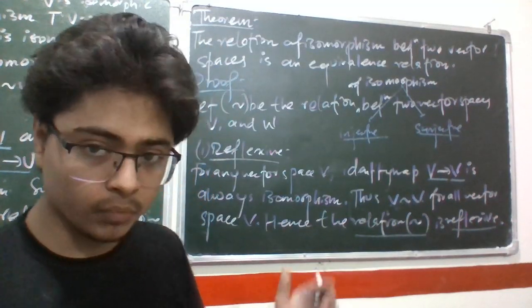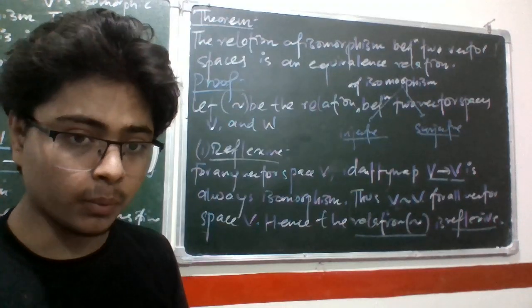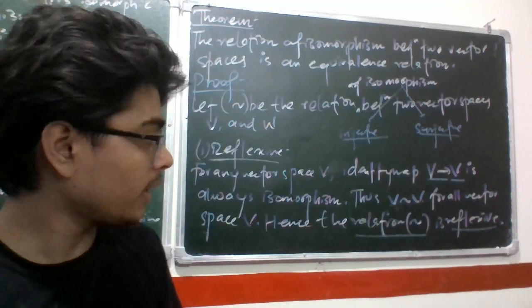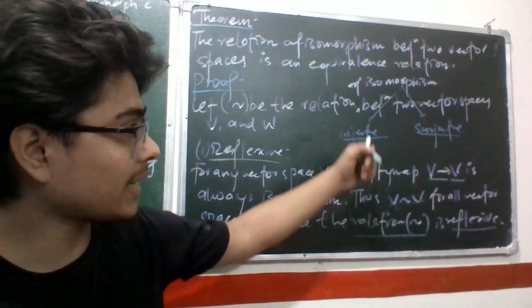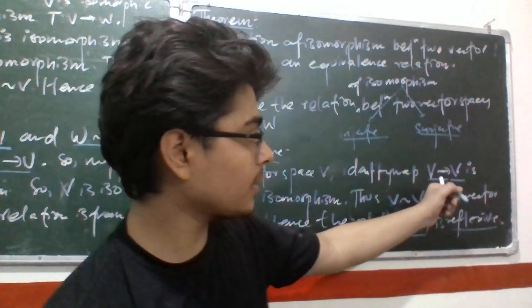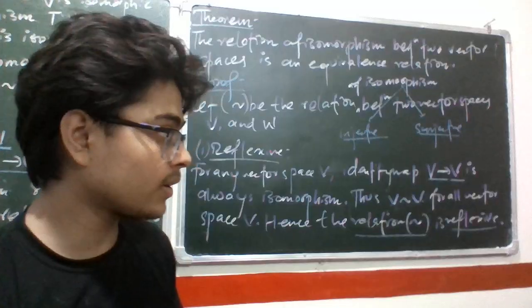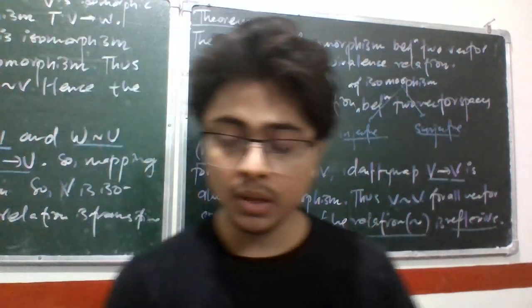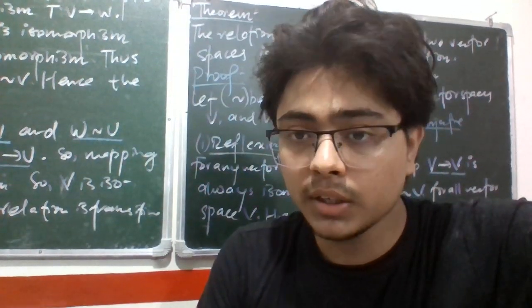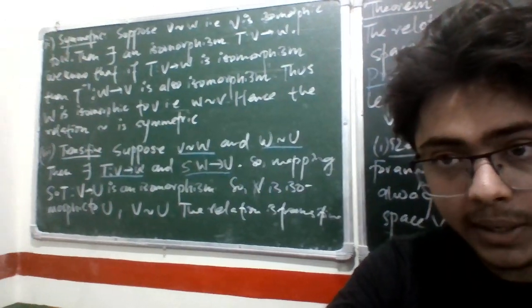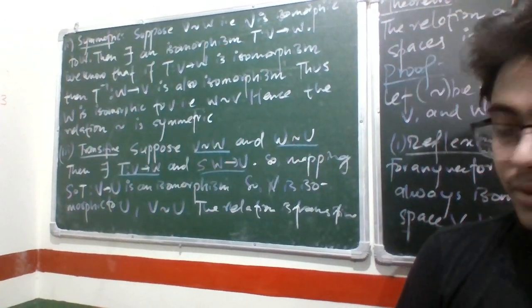That is the reflexive relation. So it is proved that if it's isomorphic, this identity map exists, then isomorphism as well as reflexive relation exist. Now let's see the other cases, the symmetric and the transitive relations.